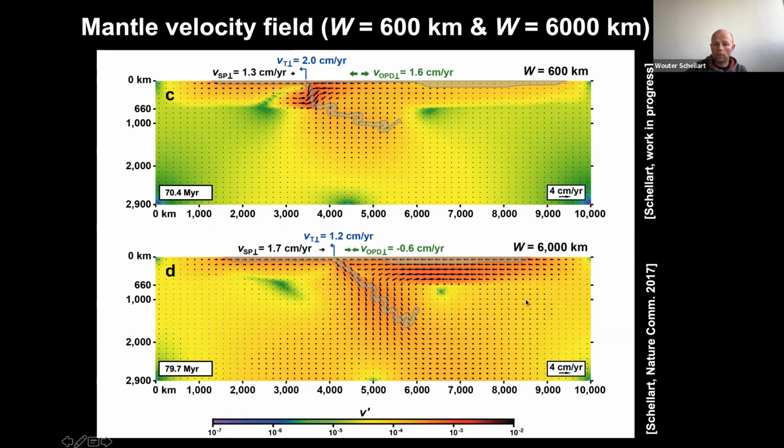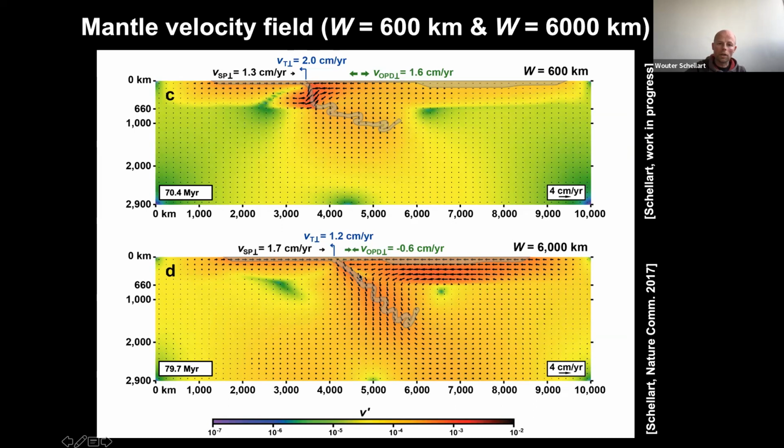And what does it do? It basically creates a pressure gradient here in the upper mantle. And the pressure gradient causes the flow in the upper mantle, the velocity vectors, to decrease towards the trench. So in the far back arc below the overriding plate, we have very fast trench-directed velocity vectors.